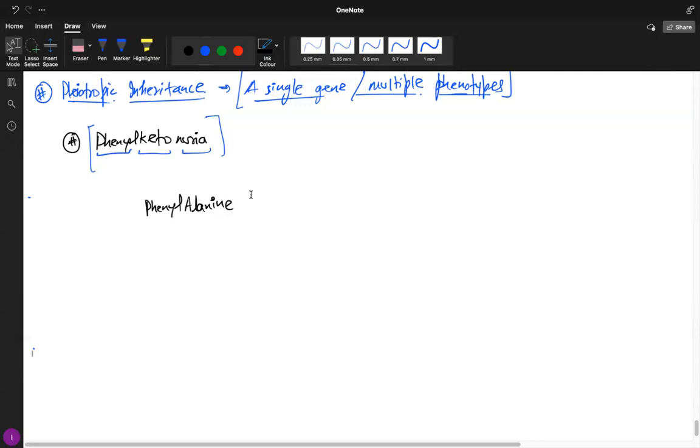What are amino acids? You have studied amino acids. They're the blocks of protein. Perfect. They're the building blocks of protein. You all have studied something called transcription, translation, and replication, right? The central dogma of biology.